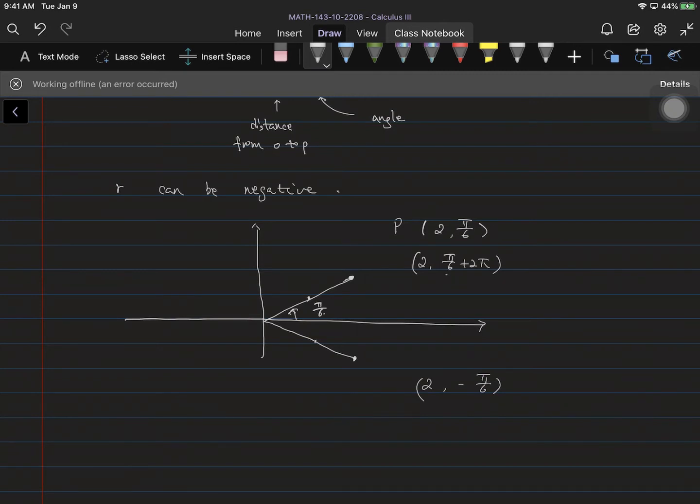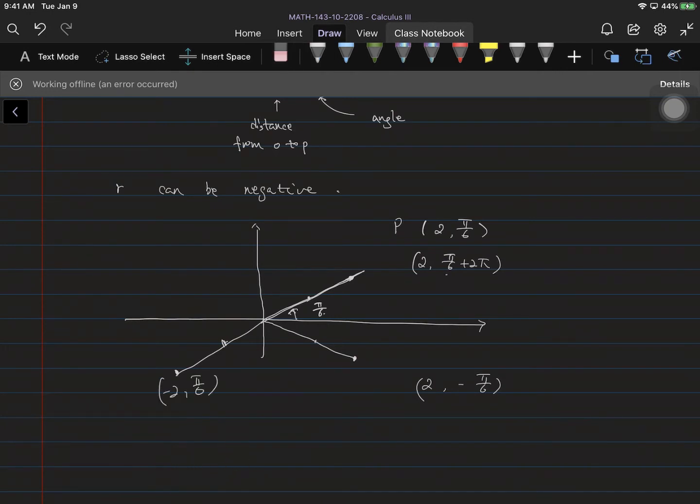Let's take a look at r as negative 2, so the point (negative 2, pi over 6). How do we find that point? We draw the angle first. Pi over 6 is here. Then because r is negative 2, we go the other way. So here is (negative 2, pi over 6).